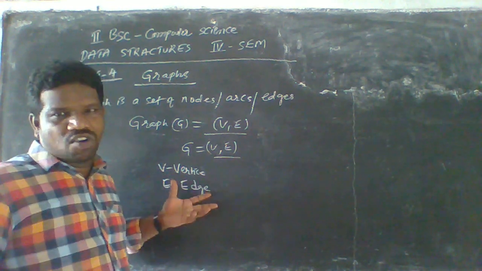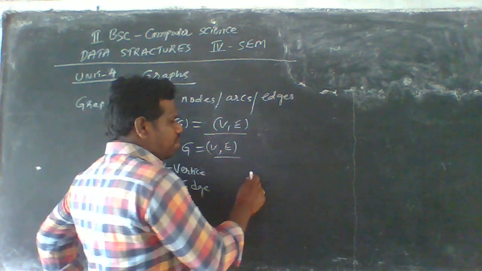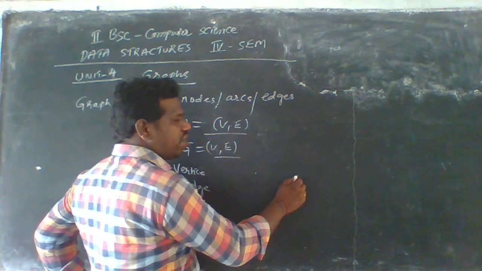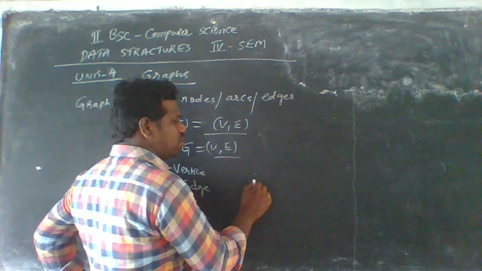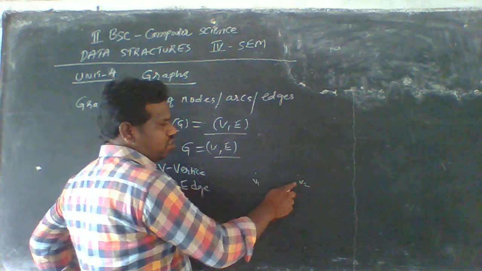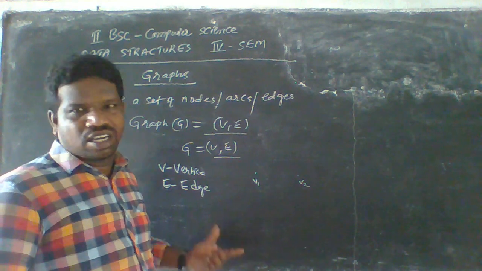Okay, how it is formed, like this. This is one of the vertices and this is also one of the vertices. This is V1 and this is another vertex, simply called V2.